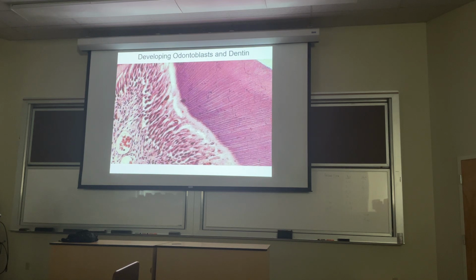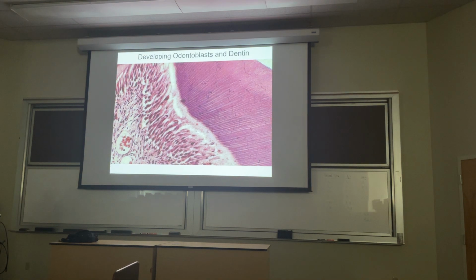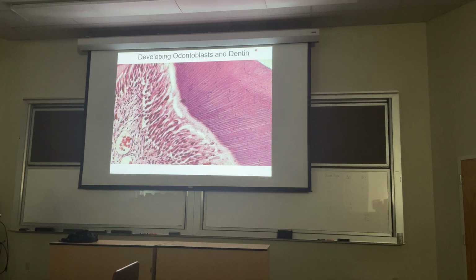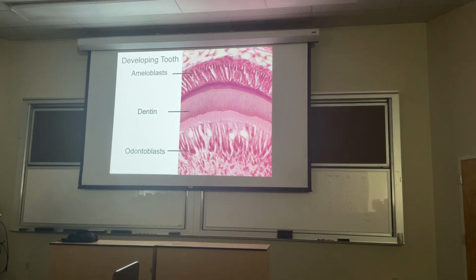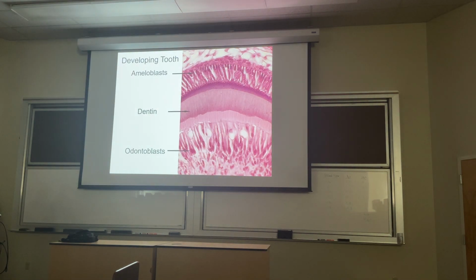Okay. So if we're looking at this, this is the pre-dentin, this would be analogous to this. This is the dentin, that would be analogous to this. But now we've added enamel and ameloblasts on the other side. And these are the odontoblasts, which would be like these here. Okay. So this one is a more mature, differentiated form.